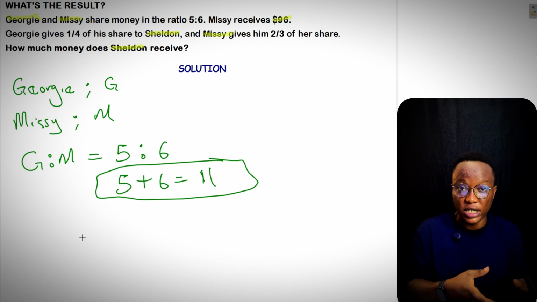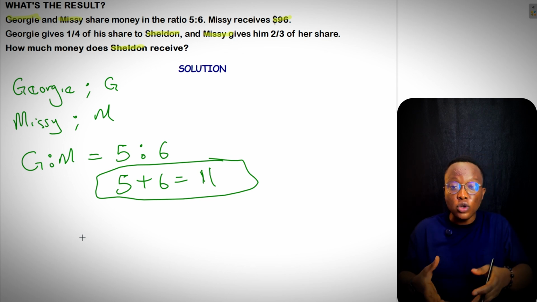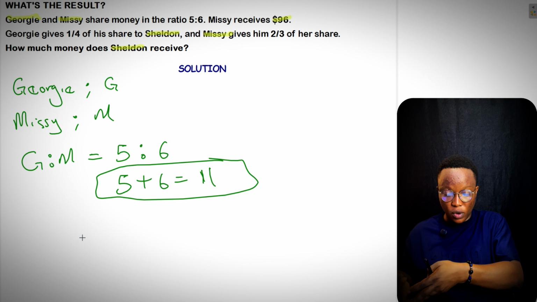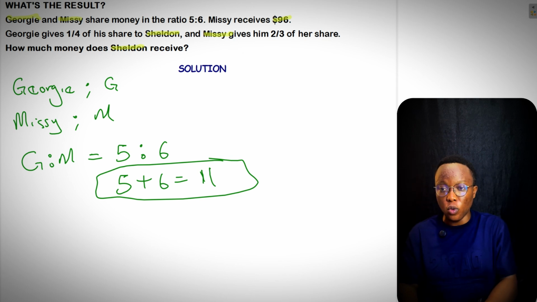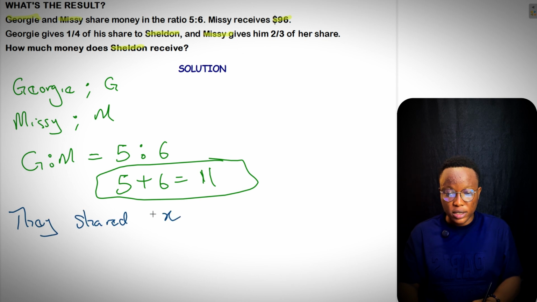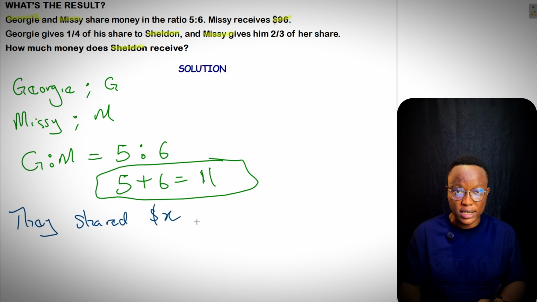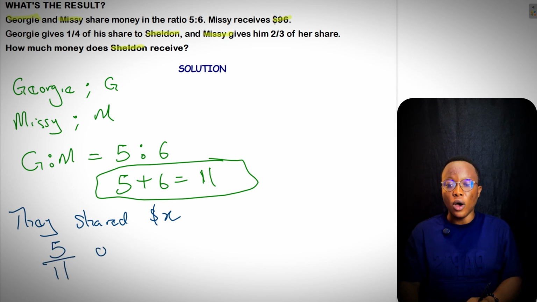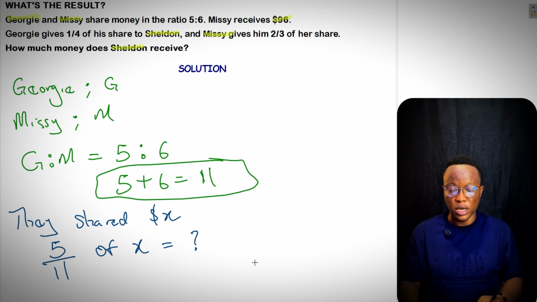Now, we don't know how much they shared. We only know how much Missy got after they shared. So let's call what they shared X. They shared X dollars. So 5 out of 11 of X, that's what Georgie gets.